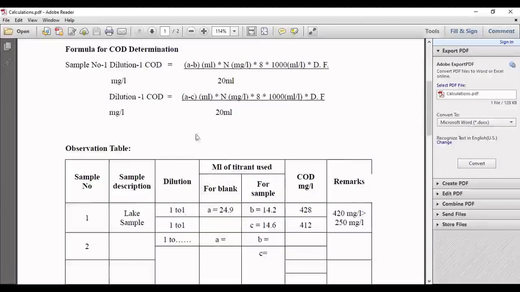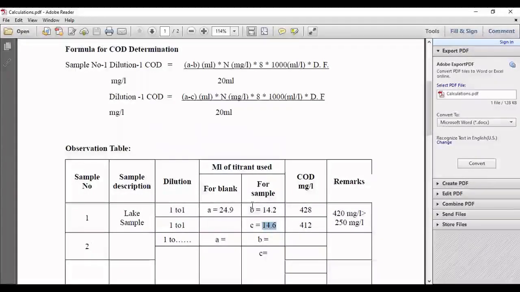For A, which is the volume of the titrant required for the blank, it is nothing but 24.9 ml. The value of B, which is the volume of the titrant required for the sample, is 14.2 for the flask B and 14.6 for the flask C.